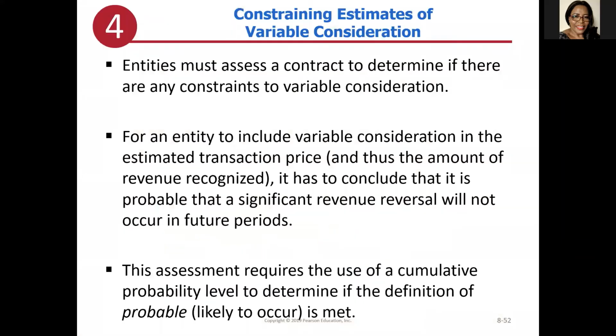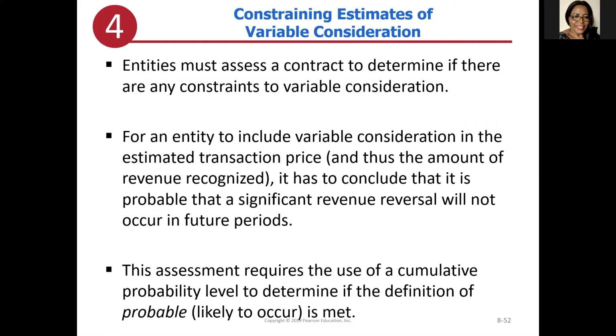Now, entities must assess a contract to determine if there are any constraints to variable considerations. For an entity to include variable consideration in the estimated transaction price, it has to conclude that it is probable that a significant revenue reversal will not occur in future periods.